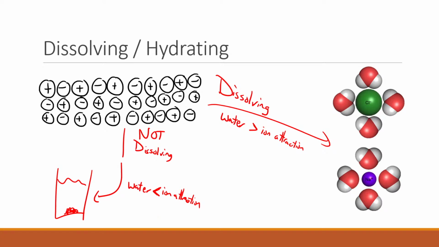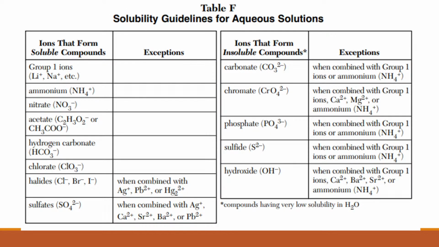If we look at Table F, it is here to tell us which compounds are stronger than water, right? Which compounds have attraction that is stronger than water, and which compounds have attractions that are weaker than water. Right? Which compounds dissolve and which compounds don't dissolve. Which compounds are soluble and which compounds are not soluble.